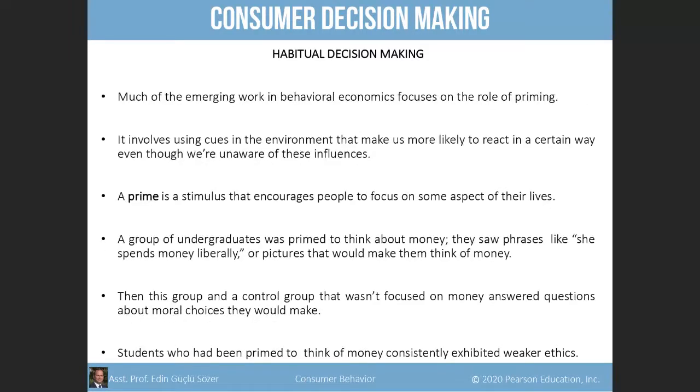Then, of course, there are other ways where marketers try to affect consumers. What are these different ways? First of all, the first one is priming. What does priming actually mean?